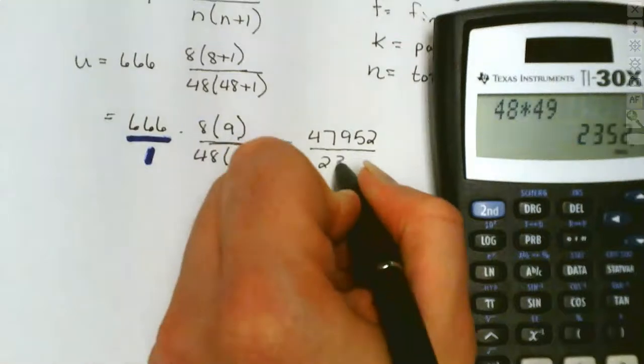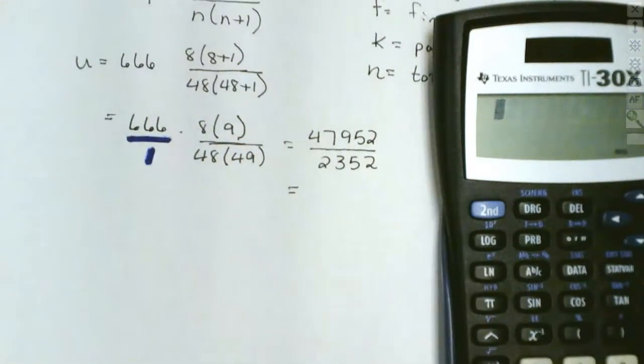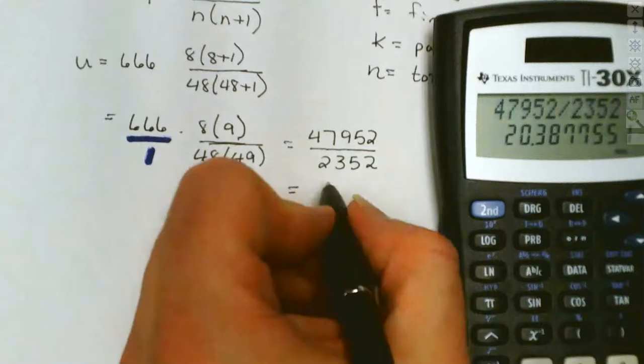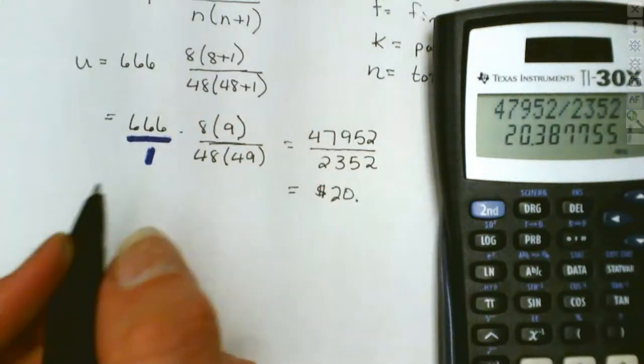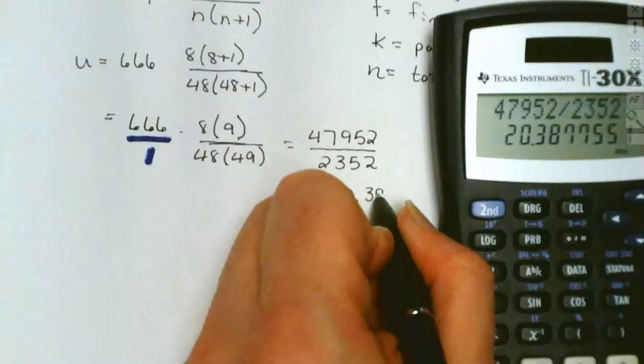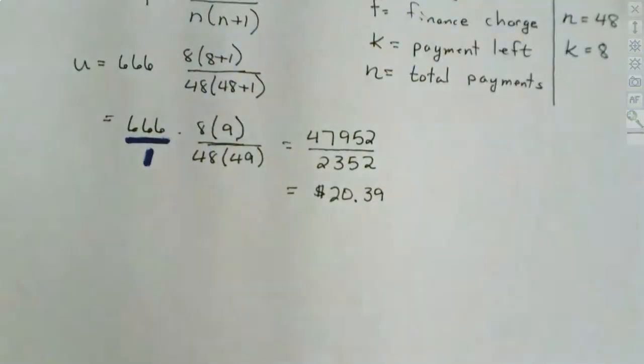That's 2352. And then we just divide 47,952 by 2352. We're going to round to the nearest cent. So it looks like we would save $20. And it looks like if we round, 39 cents.